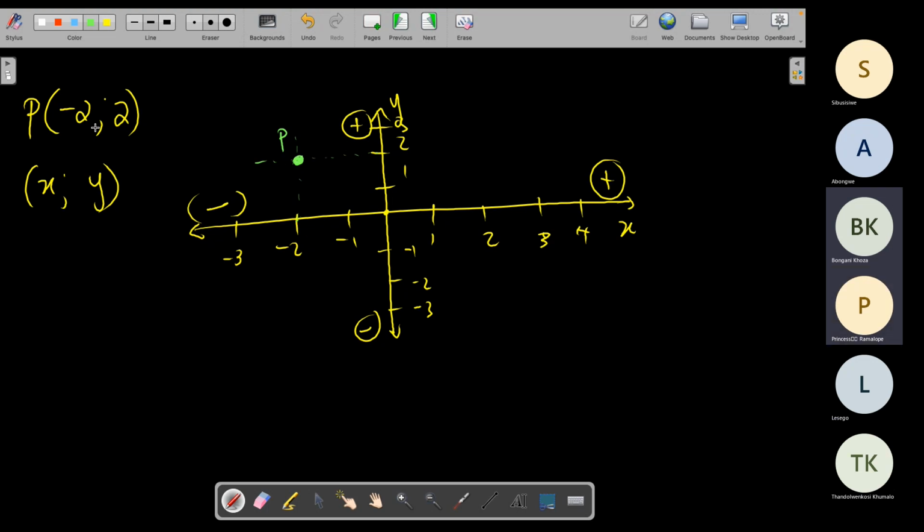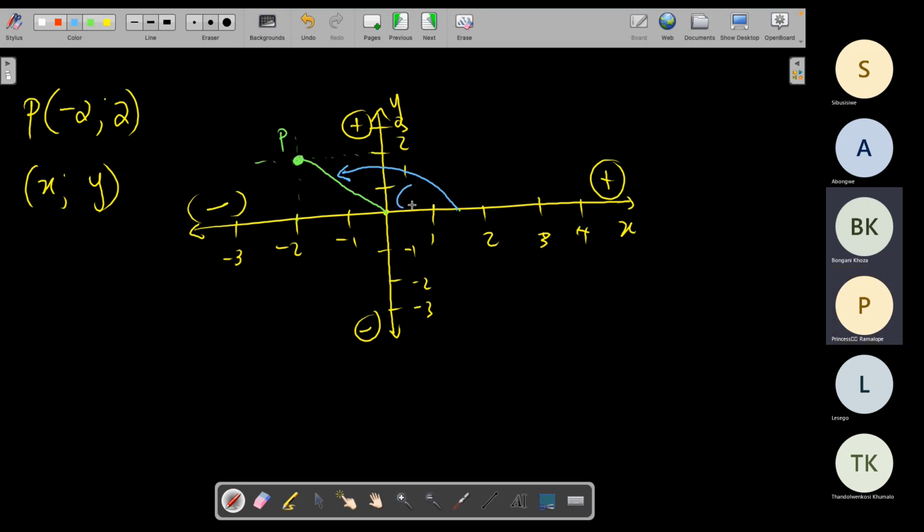So this is how we represent it on a Cartesian plane for trig purposes. Your angle, whatever angle they give you, theta or x or whatever, we always measure it from the positive x-axis. So for our angle, we'll always measure it from here going that side. So this is our angle.